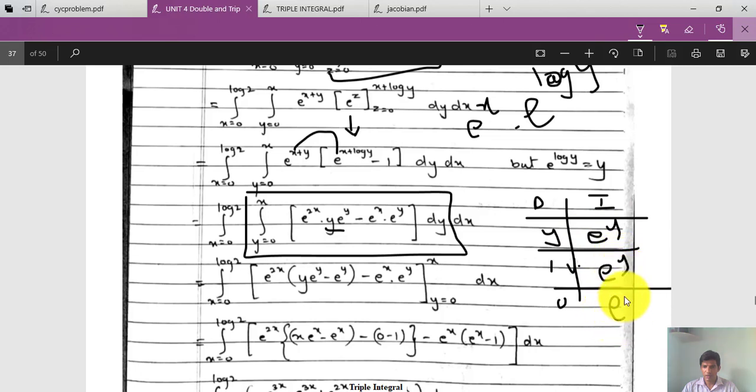If you take cross arrows with signs plus, minus and plus, you get y into e raised to y minus e raised to y, and the integration of e raised to y is e raised to y. This is what I have written.